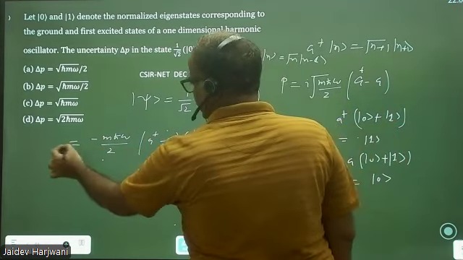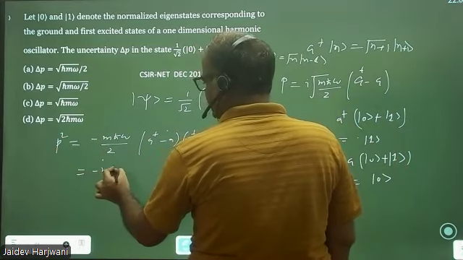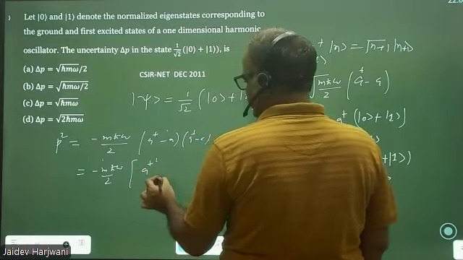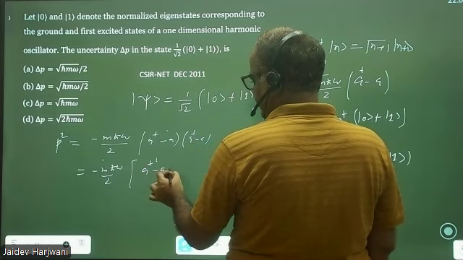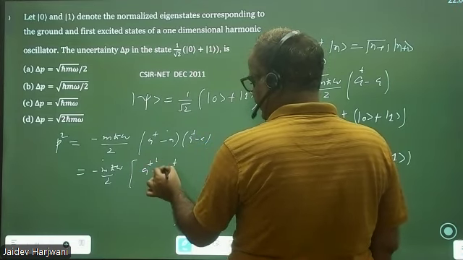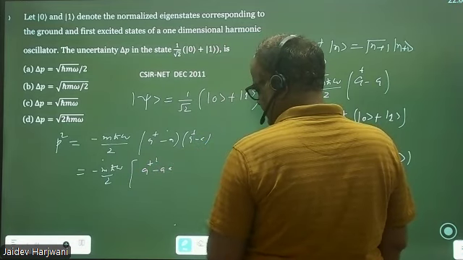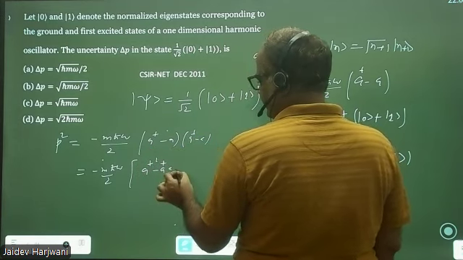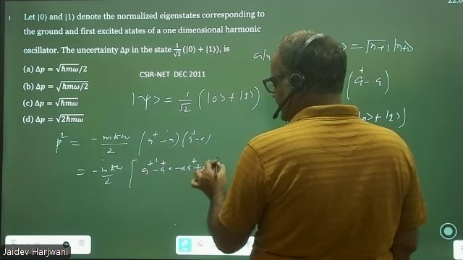If we solve this, we get a dagger square, minus a dagger a, minus a a dagger, and plus a square.